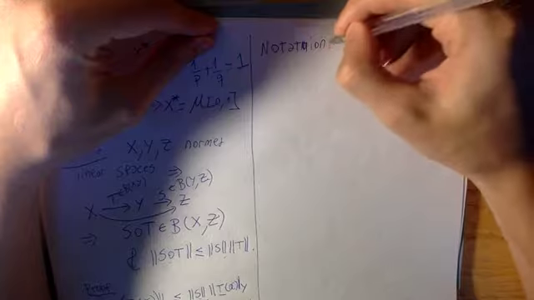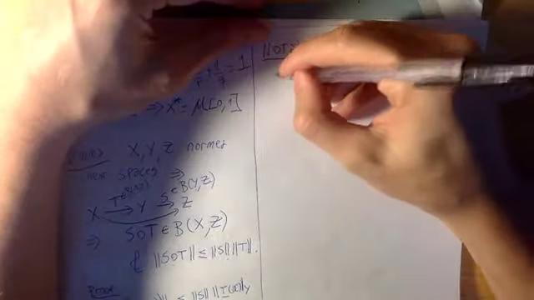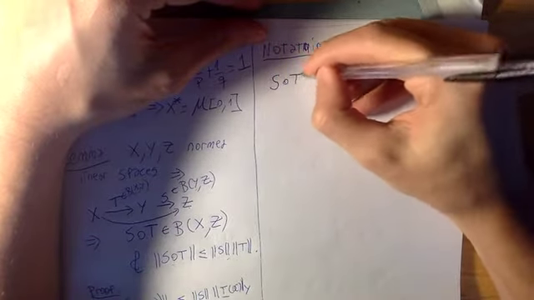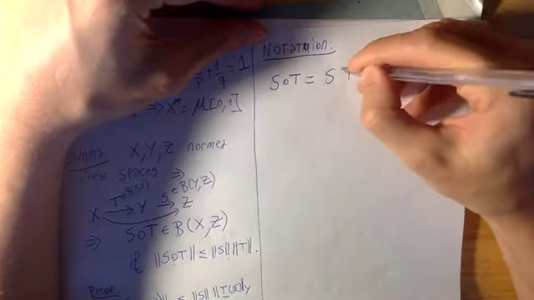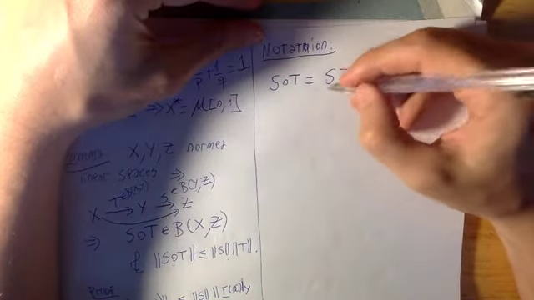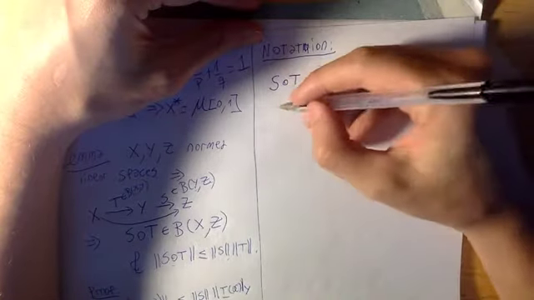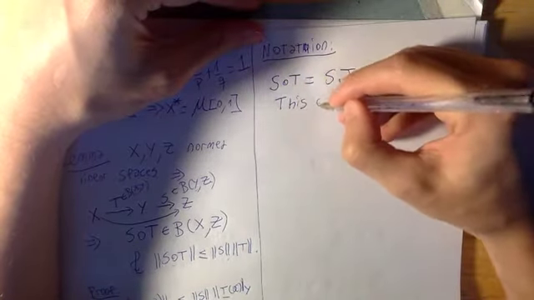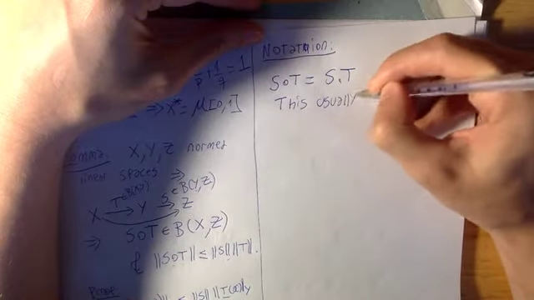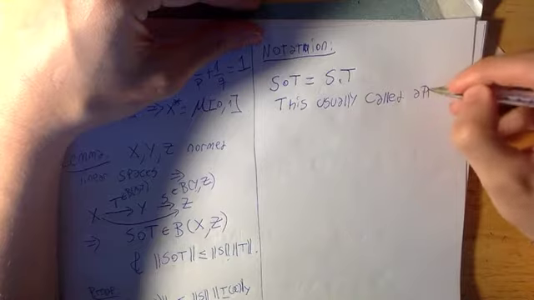Notation is fairly important because if you have a good notation, it actually makes you understand what you're doing. So in general, S∘T is defined more like a product. So usually there is not even a dot, it's just S and T. And this is usually called a product.